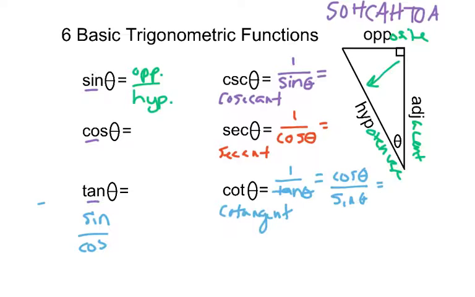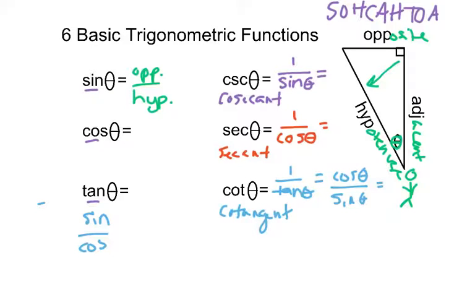And this is only based on the fact that our theta, or where we're standing, happens to be over here. So if we changed to the acute angle that we're looking for being over here, then this would be the opposite side, and this would be adjacent. So these two end up flipping, depending on where it is that you're, what I call standing, but it's where the angle is.